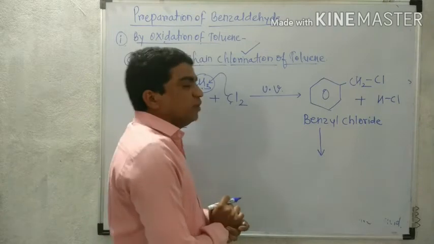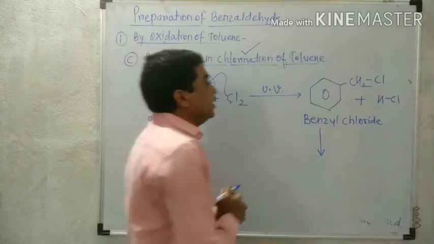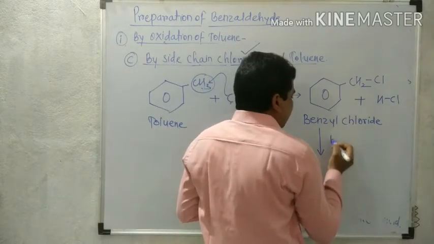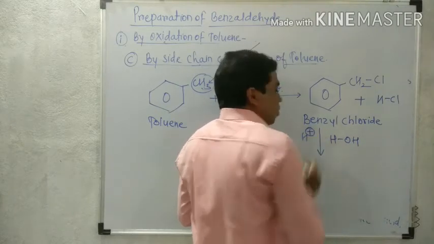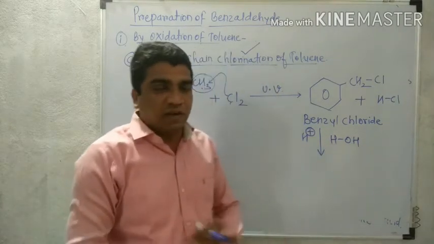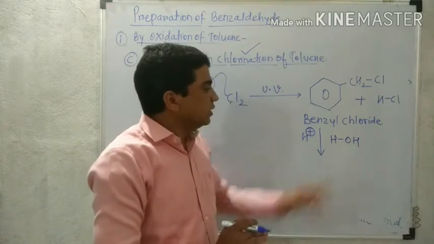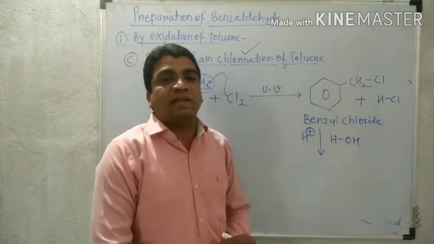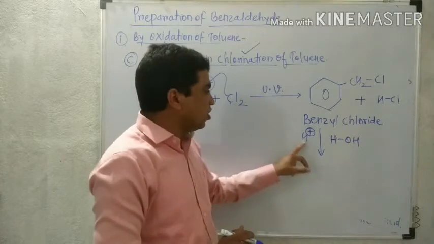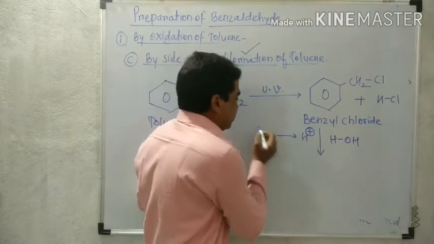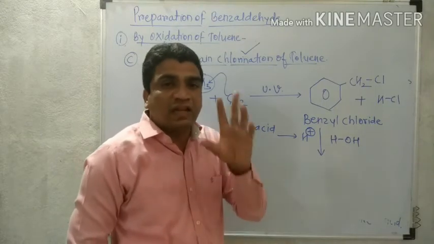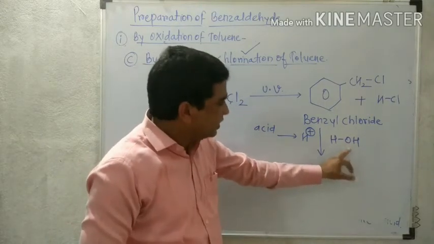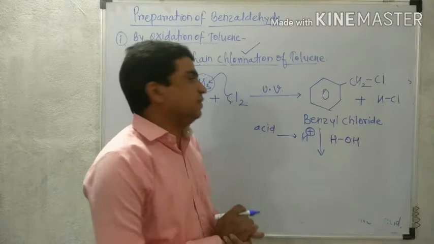After the formation of benzyl chloride in the first step, it again undergoes acid hydrolysis. In all three types of oxidation that we have discussed today, the second step is always acid hydrolysis. H plus represents acid, but hydrolysis is actually the action of water that takes place in the presence of acid.